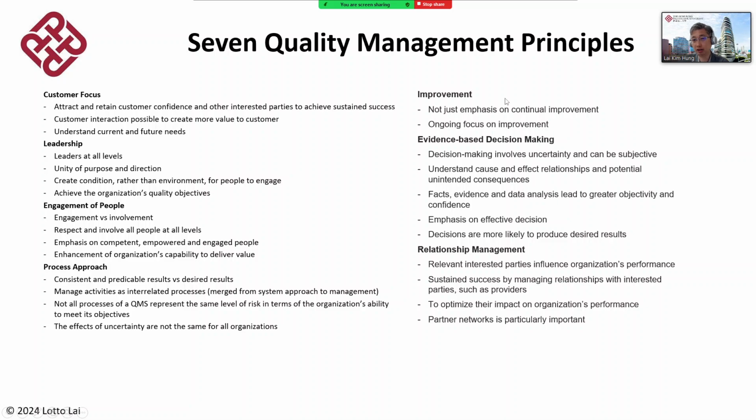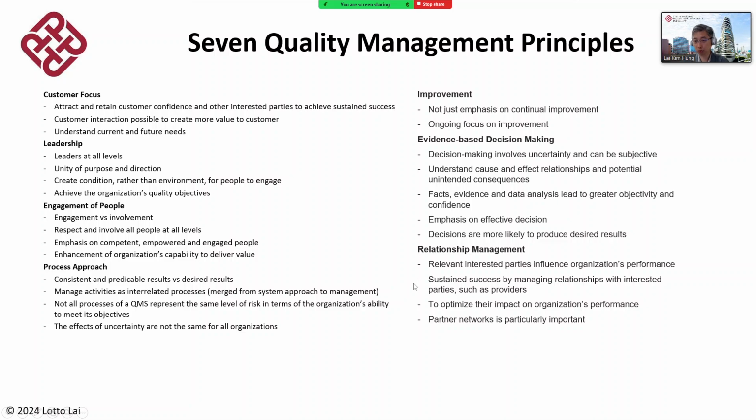And improvement does not just emphasize continuous improvement, but an ongoing focus on improvement every time, not once a year in the management review, but continuous. Evidence-based decision making: decisions involve uncertainty, so understand the cause and effect relationships, and find the facts, evidence, and data analysis to make the decision.